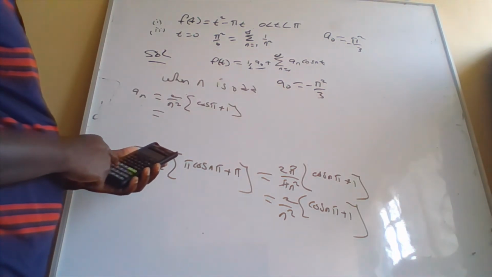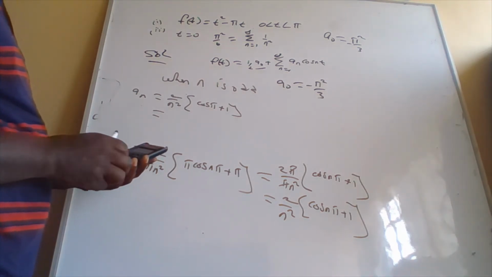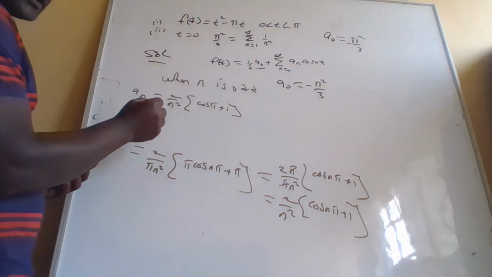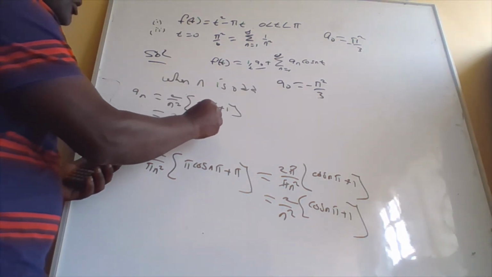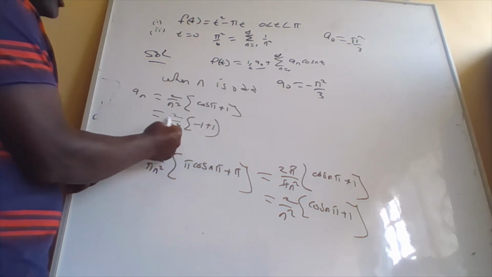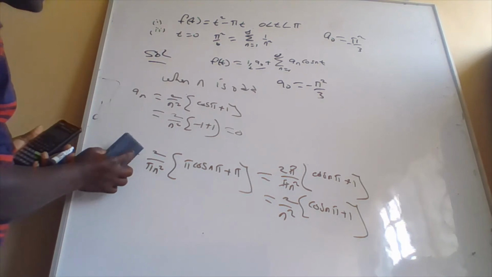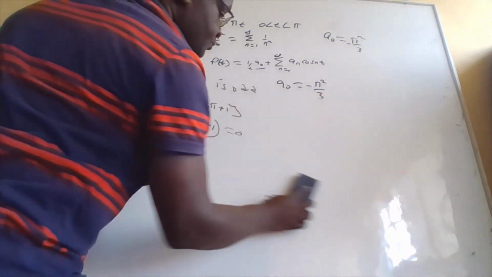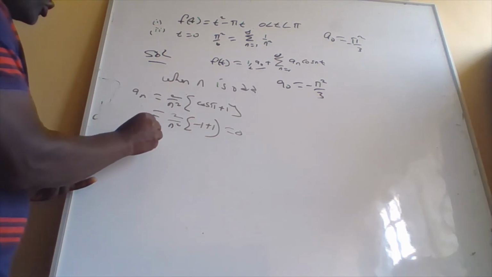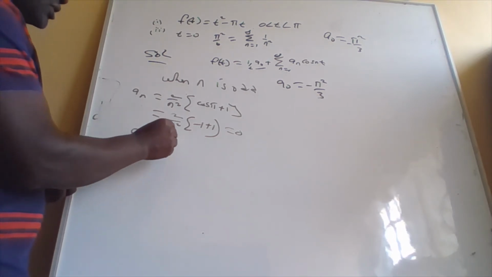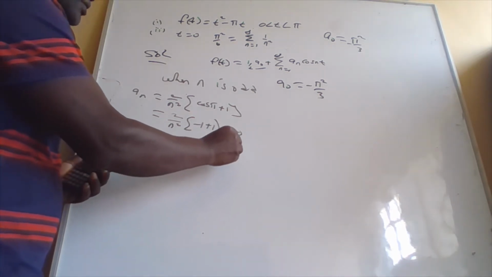Cos 180 equals negative 1. Therefore, this is 2 over n squared, negative 1 plus 1, which is 0 times that, equals 0. So we are saying that an equals 0 when n is odd.